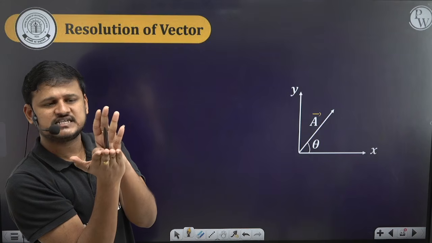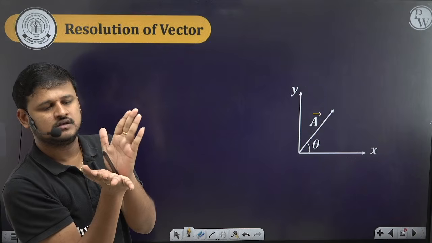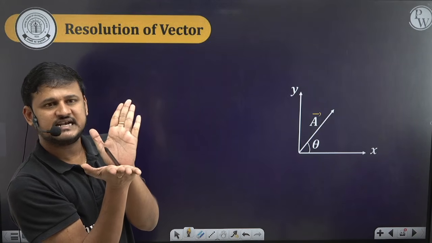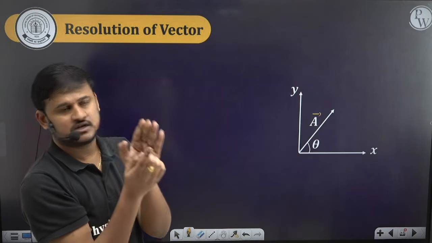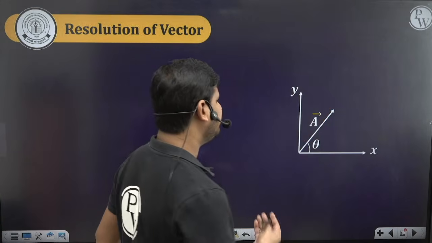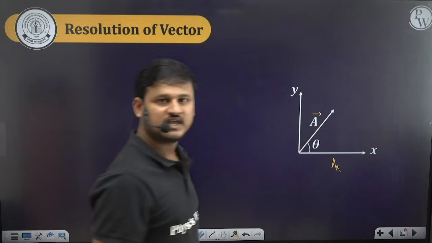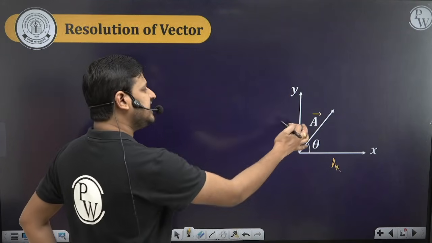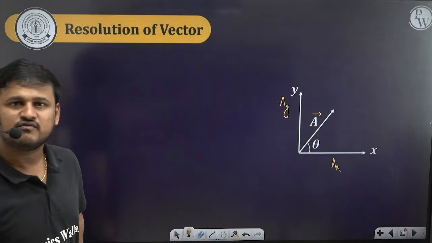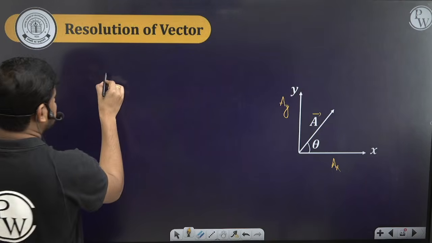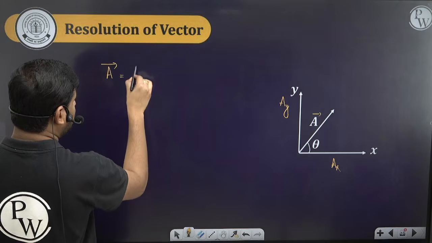So in between x and y it is there, right? Let's consider like this: right hand is the x, left hand is the y, and in between the vector A is there. Then this vector A will have the x component along the x axis, and it will also have the y component along the y axis. So this vector A has two components.